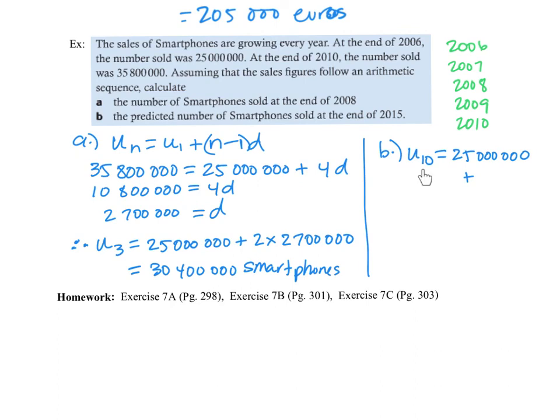Well, n is 10, so 10 minus 1 is 9. So that's going to be 9 times the common difference, which we found in part A to be 2,700,000. Do that arithmetic, and it turns out to be 49,300,000 smartphones. That's a lot of smartphones. All right, so there we go.